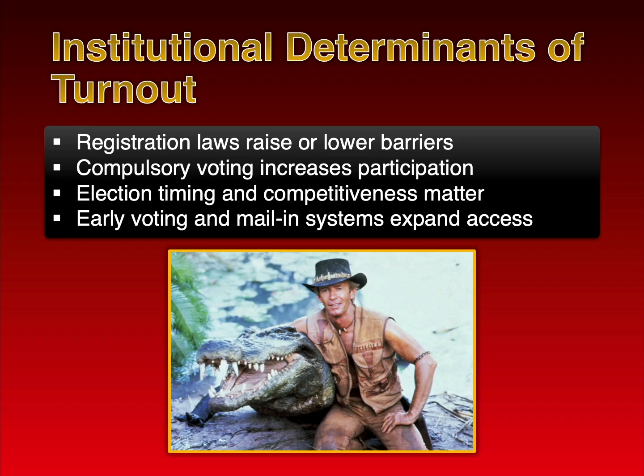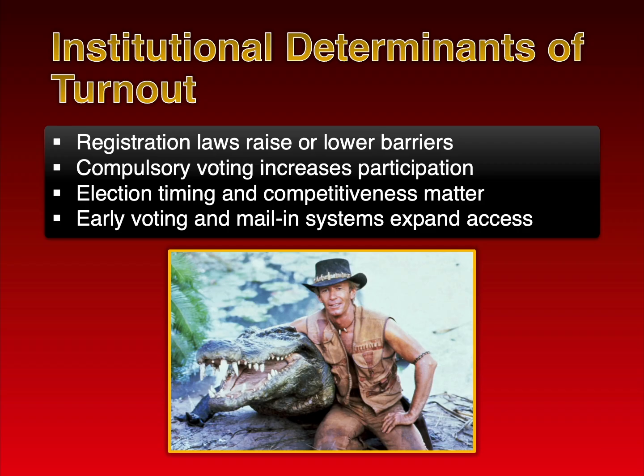By contrast, if you automatically register people to vote, if you allow early voting or voting by mail, or same-day options for voting that are at lower cost, say you had a holiday for election day, or didn't require some form of voter ID, that will lower costs for voting.